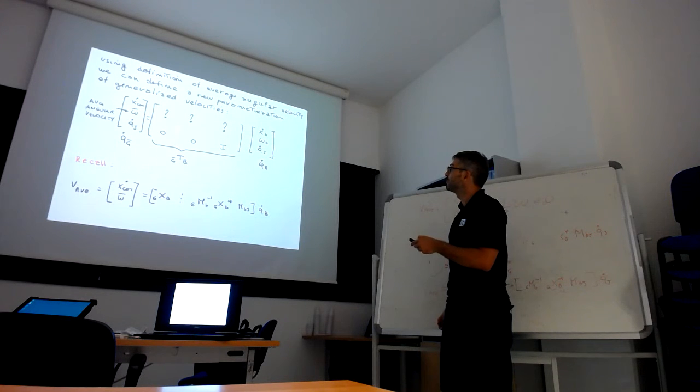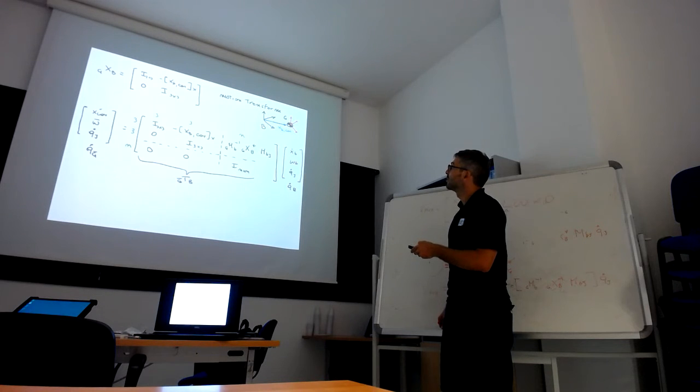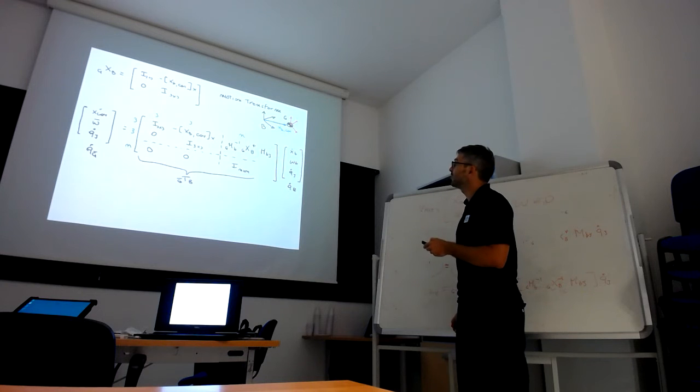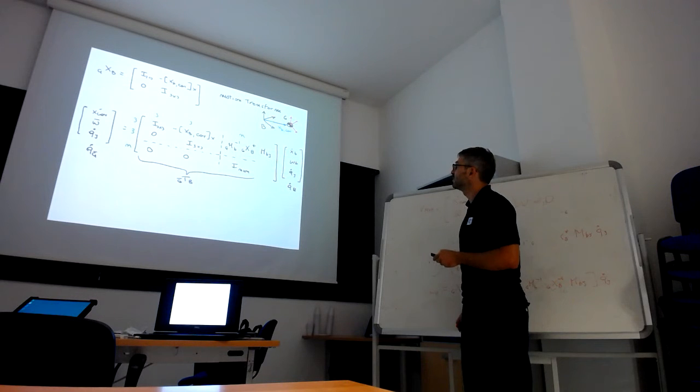Here we put the term xbj, and the other part will be the term we computed. This way we have the average spatial velocity here, and here the base spatial velocity.